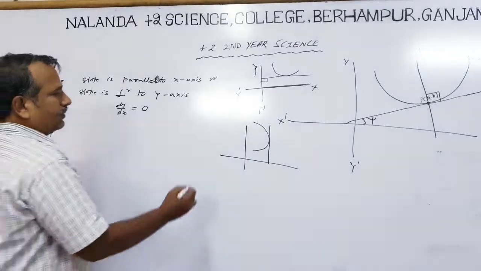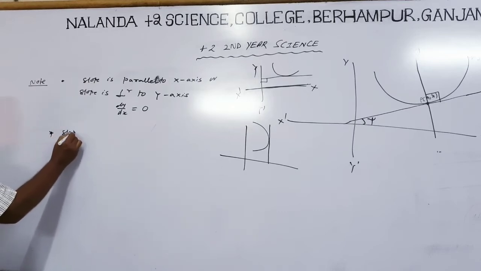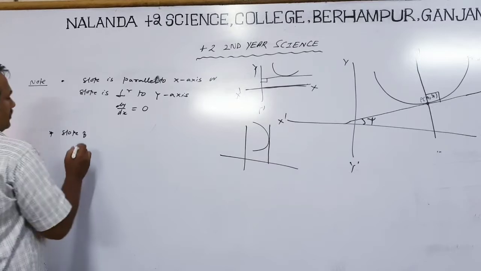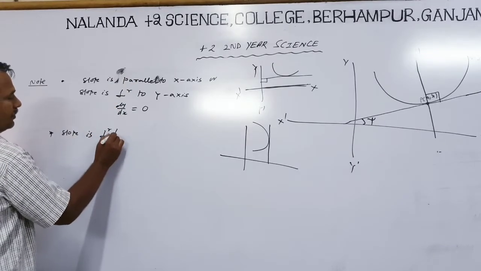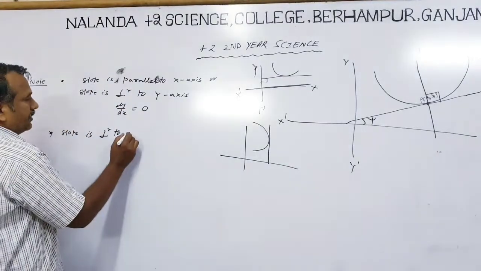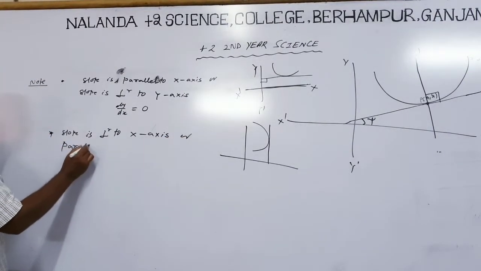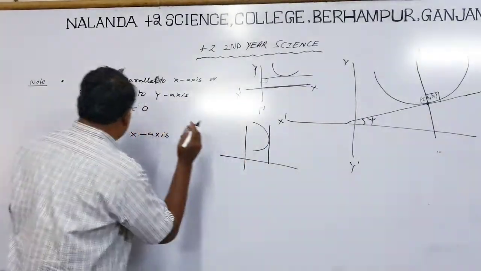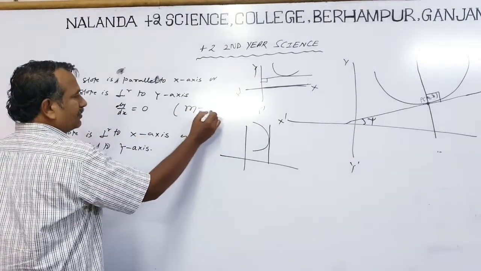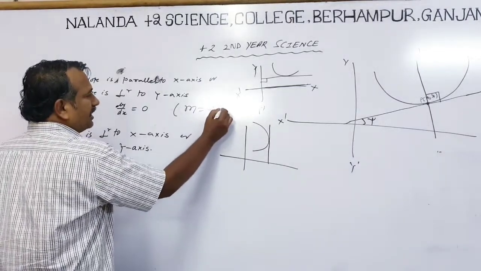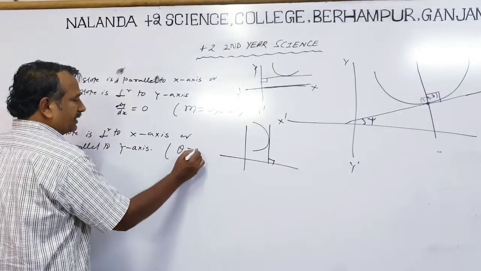The slope is perpendicular to the x-axis, or parallel to the y-axis. Here theta equals 90 degrees.